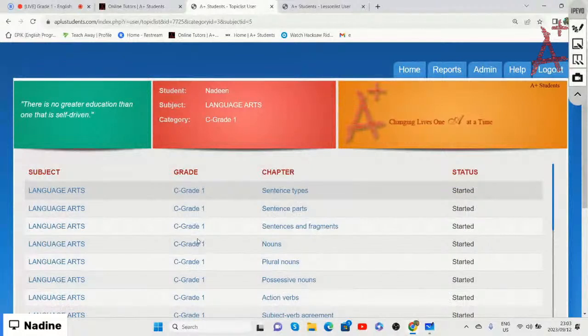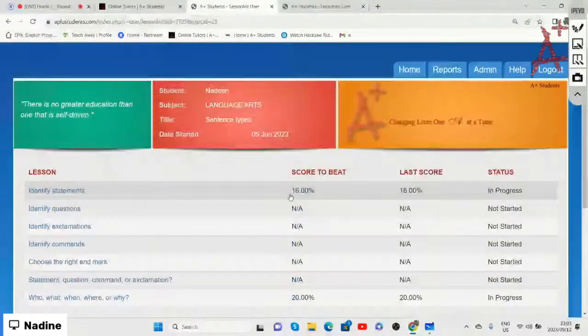Once we have done so, we're going to select this chapter of sentence types.